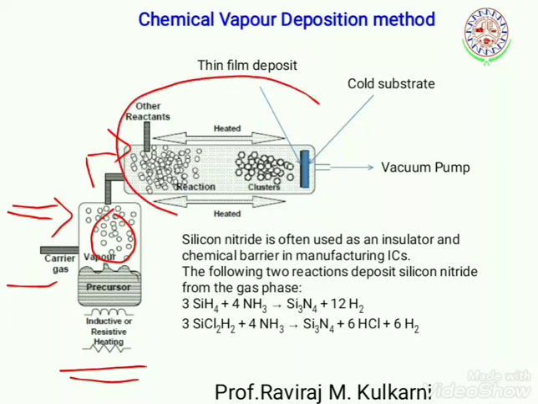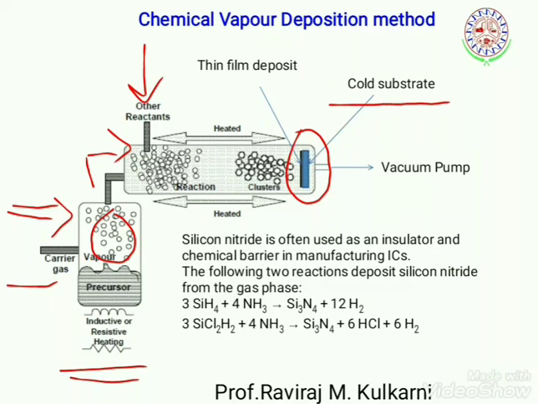This is the CVD chamber. Here other reactants are added. So the reaction takes place between the precursor and the other reactant, and that is deposited on the substrate. The substrate is kept in a slightly cold condition.